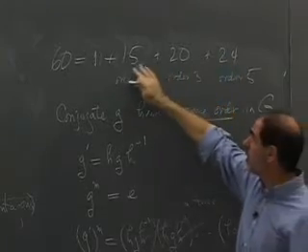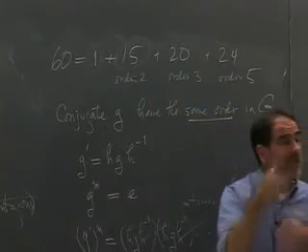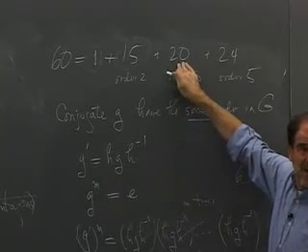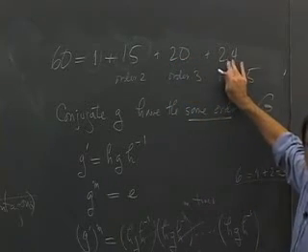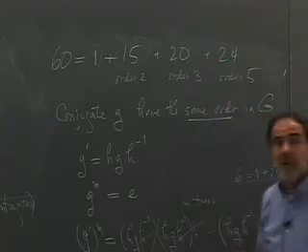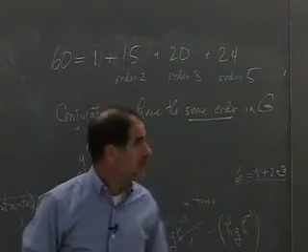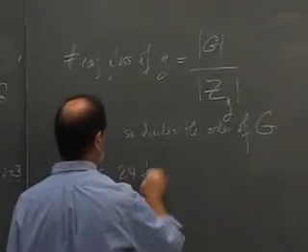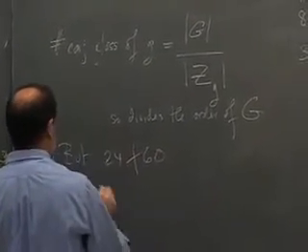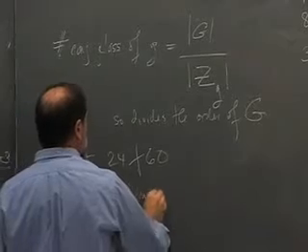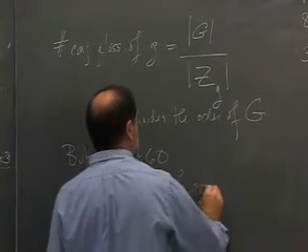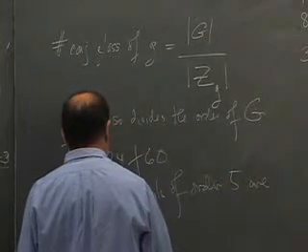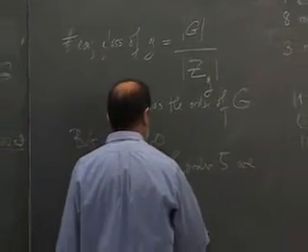So it's possible that all the elements of order 2 are in one conjugacy class. It's possible that all the elements of order 3 are in one conjugacy class, but this has to be at least 2 classes, because 24 doesn't divide 60. The elements of order 5 are not all conjugate.